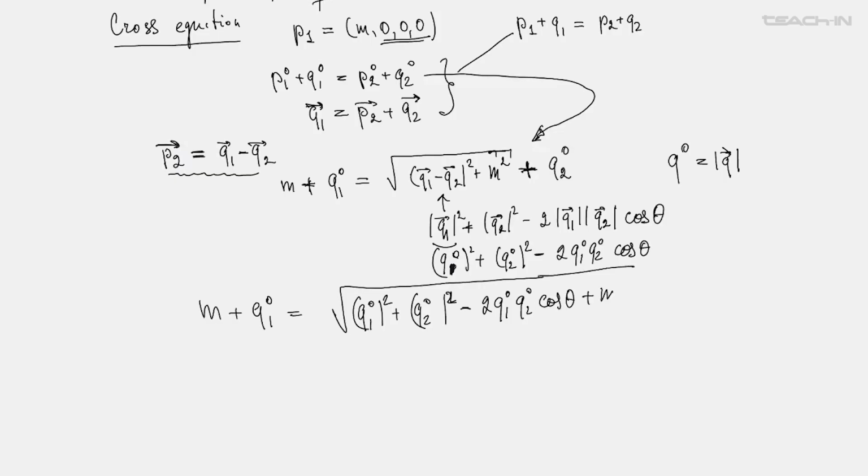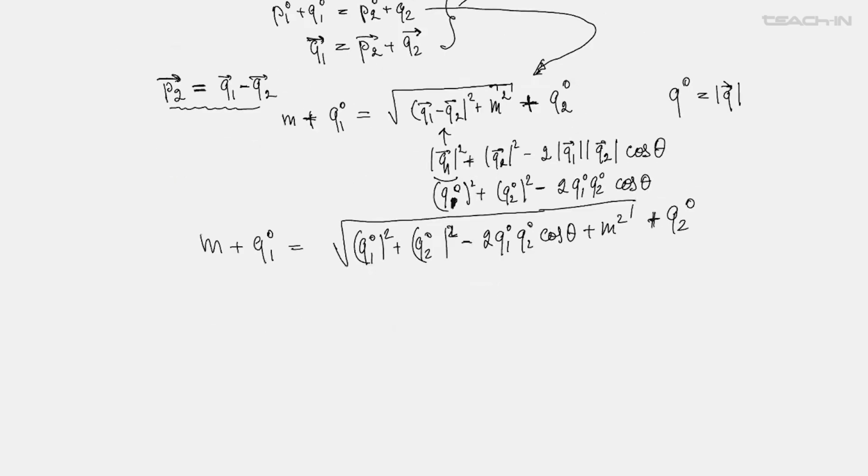And so what do you see from here? You see that this is a closed equation, which allows me to express, say, Q20 via Q10. I can solve for Q20 and find it as a function of Q10 and this angle, cosine theta.